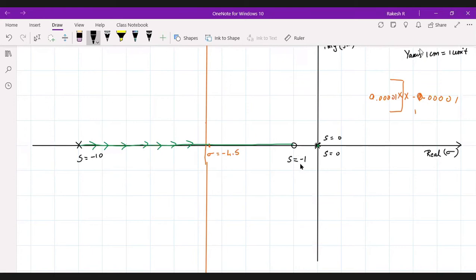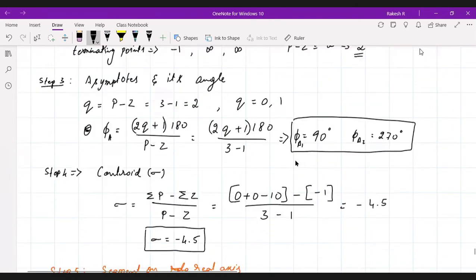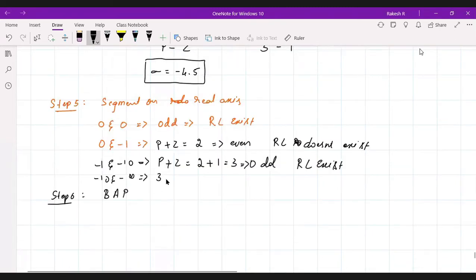So P plus Z is 3 poles and 1 zero, that is 4. So this is even, so the root locus does not exist. In between minus infinity and minus 10, it is even, so the root locus doesn't exist here.